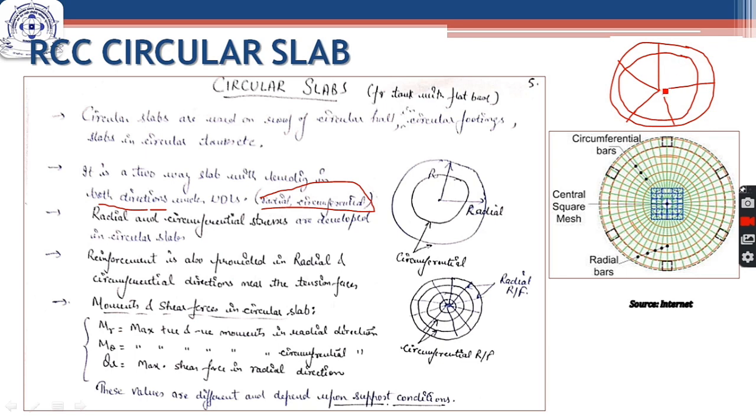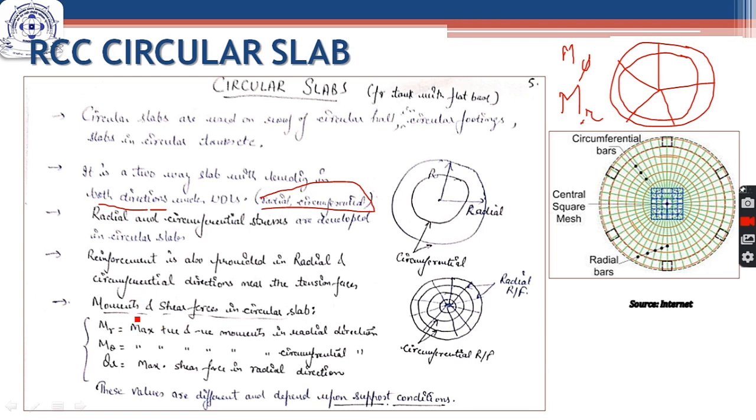So if I summarize it here, we calculate the moments in circumferential direction M phi, and we calculate the moments in the radial direction Mr, and we provide reinforcement in the radial direction and circumferential direction accordingly. Okay, quite simple.